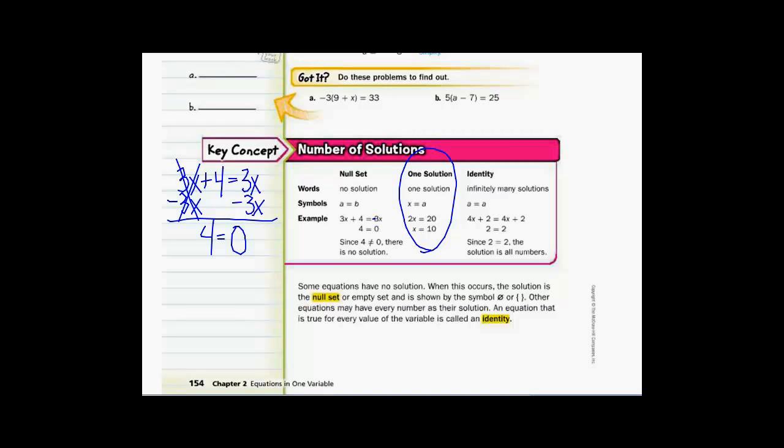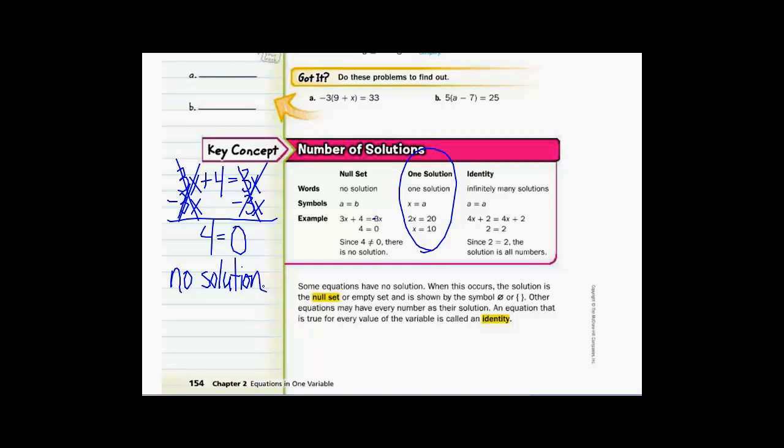So anytime you have something where the letters completely fall out and all you have left is a false statement, I'll let you give me a couple of answers. You can say no solution, because there is no solution for that.